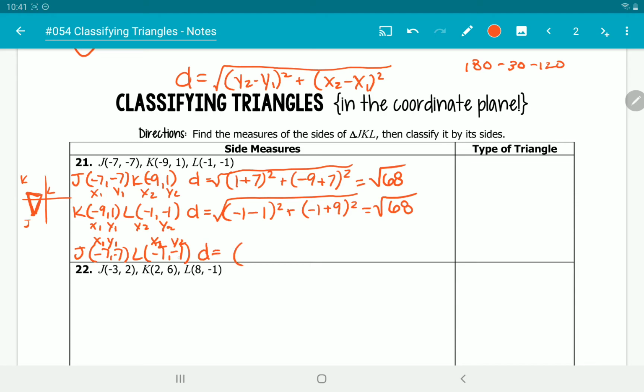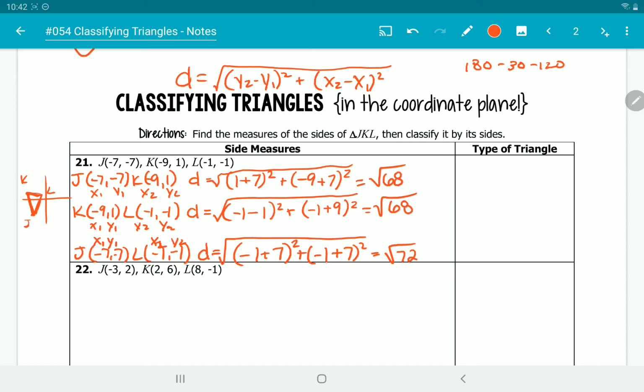Distance here is going to be y2 minus y1, so +7, plus, keep the square, x2 is -1, minus -7 here again, so plus. Okay, put the whole thing into the square root, and again, we're going to just type this part, -1 plus 7 squared, plus -1 plus 7 squared. Make sure you put the parentheses around them, put them in the calculator, okay? You're going to get 72 when you do that.